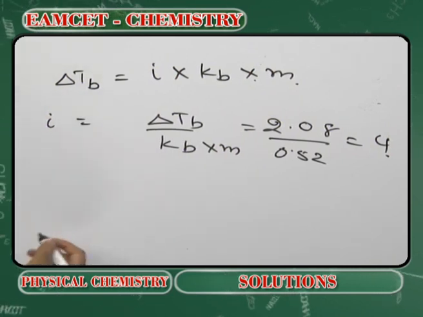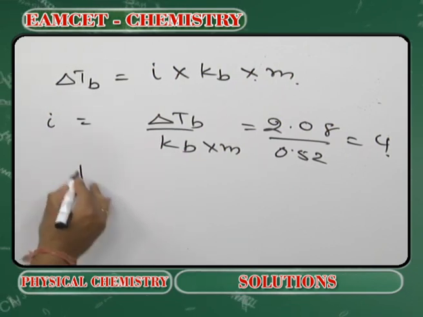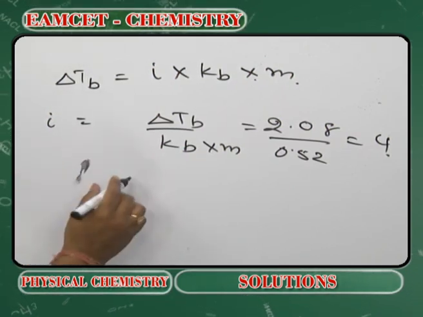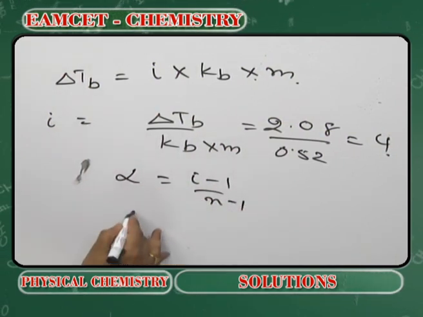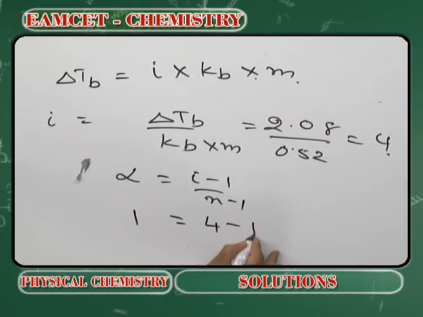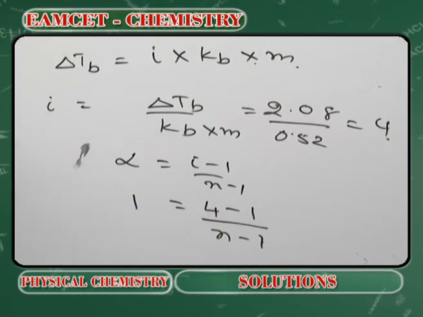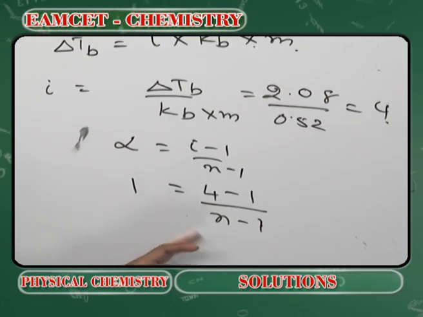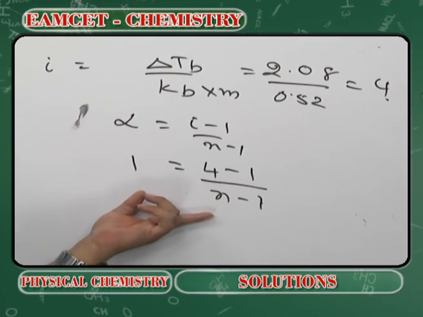Now alpha is equal to 1. Alpha is equal to (i minus 1) by (n minus 1). So 1 is equal to (4 minus 1) by (n minus 1). So n minus 1 must be 3, that is, n must be 4.